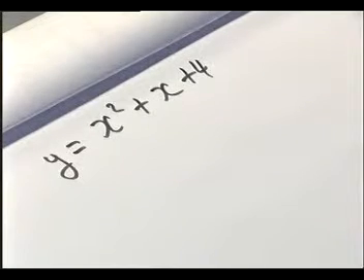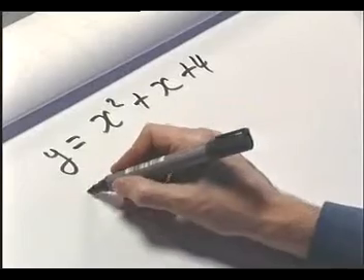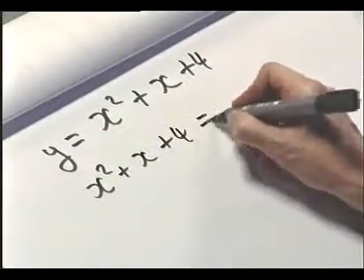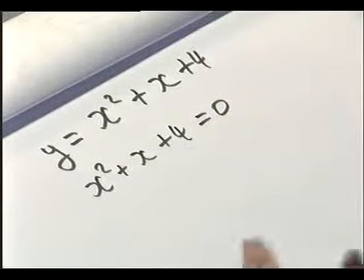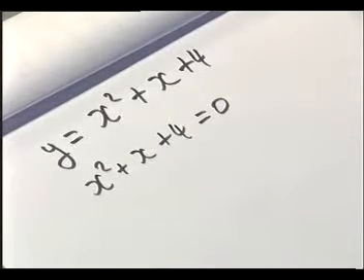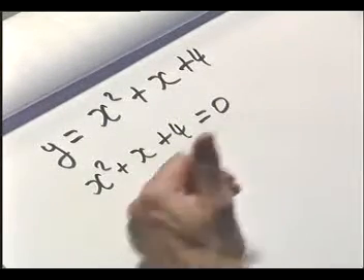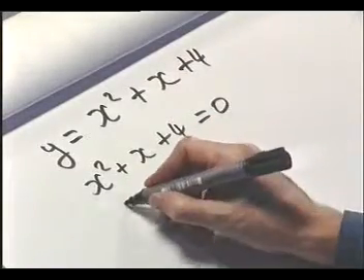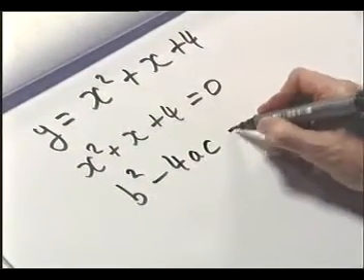Now, if we set y equals 0, then we're trying to solve this equation, x squared plus x plus 4 equals 0, to find where the curve crosses the x-axis. Doesn't look very promising. Everything here looks sort of positive, got plus terms in it. Let's check b squared minus 4ac.